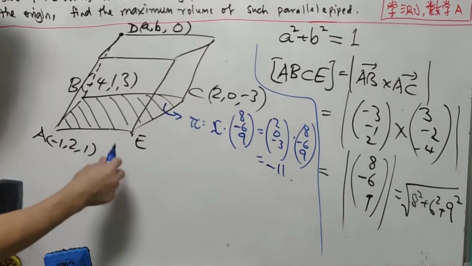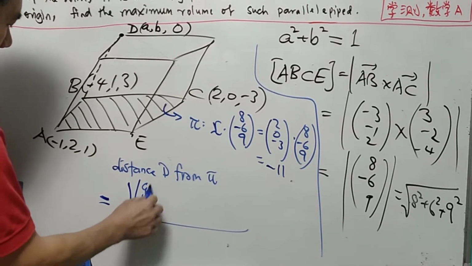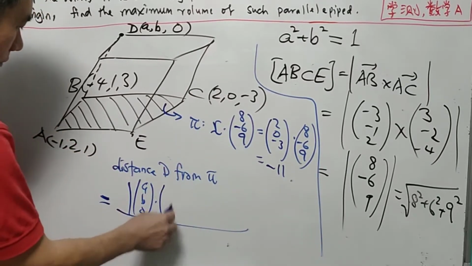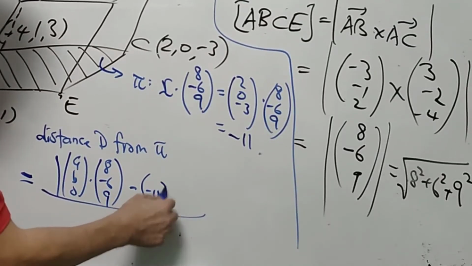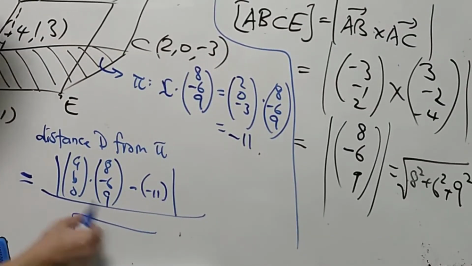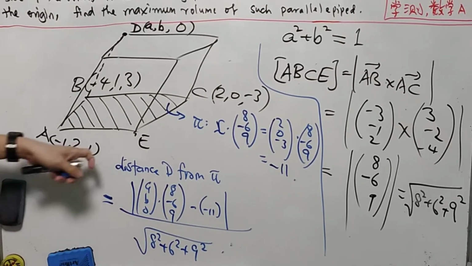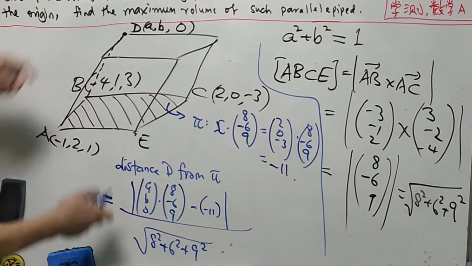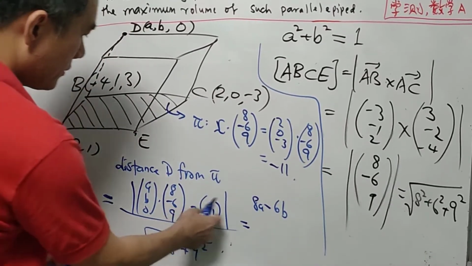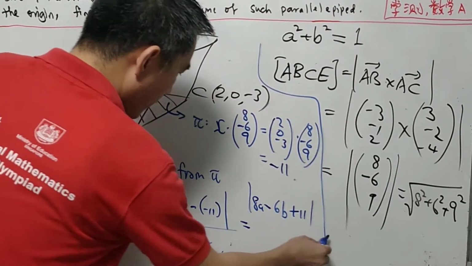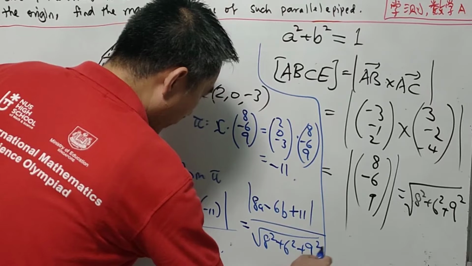Now we can find the distance d from pi, which will equal (a, b, 0) dot with this 8, negative 6, 9 minus negative 11, then divided by the square root of 8 squared, 6 squared, and 9 squared. That is the distance d from here: 8a minus 6b, and this is 0, plus 11, over the square root of 8 squared, 6 squared, and 9 squared.